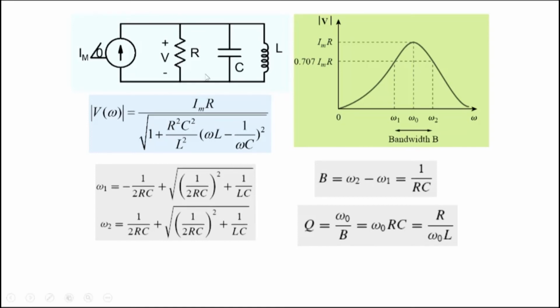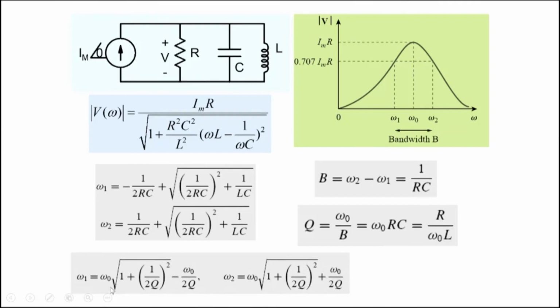And so in this case, you want very, very high values of R compared to the reactance that is there. So a small reactance due to L, a small reactance due to capacitance, and a high value of R will give you a high Q and a high selectivity circuit.